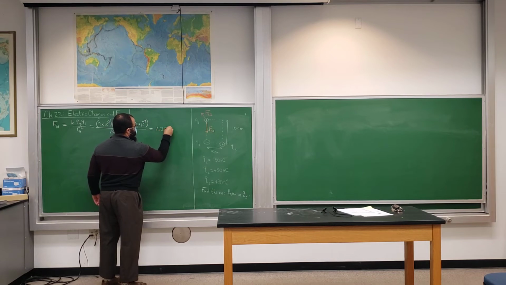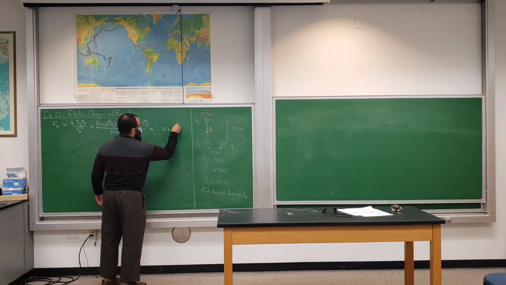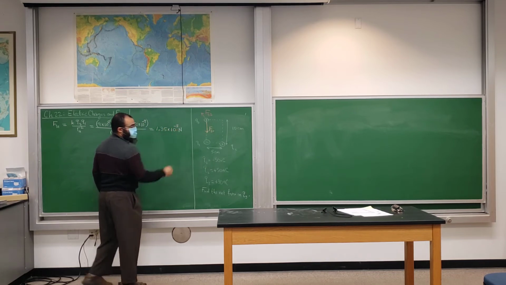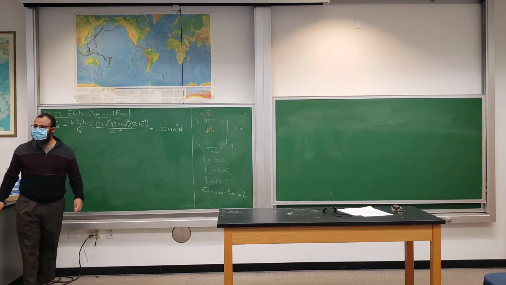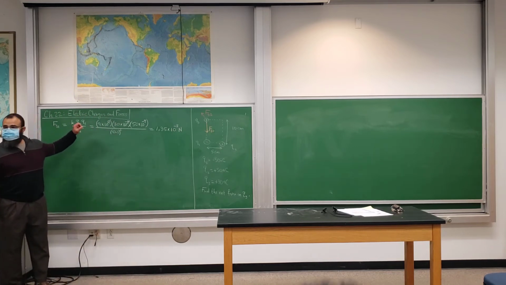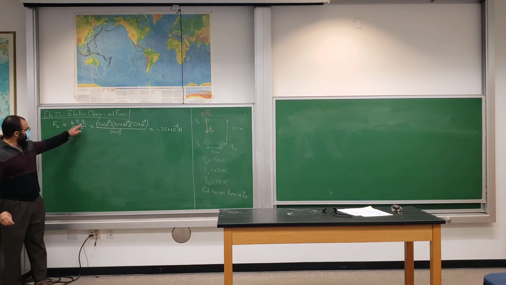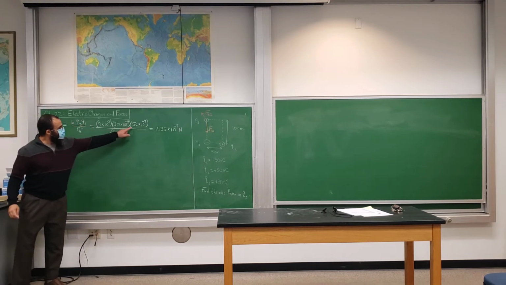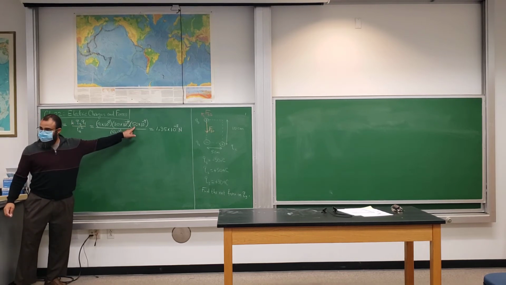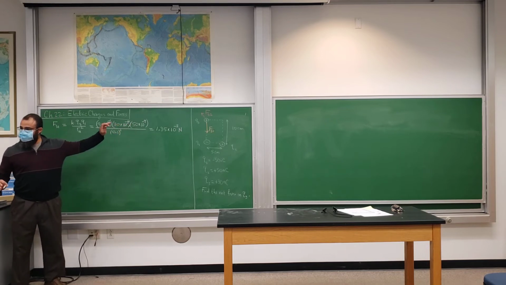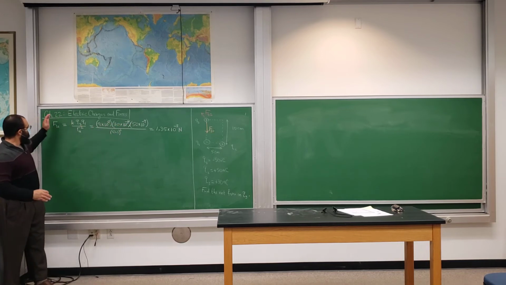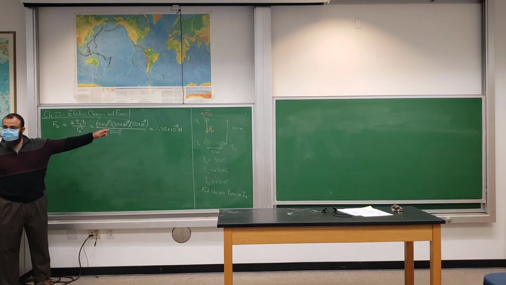It's a force, so newtons, right? Again, I would worry about the direction in a second. Yes, technically Q1 is negative. Technically this one will have a negative sign, but we'll worry about the direction in a second. So for now, I'm just taking the absolute value of everything, okay?